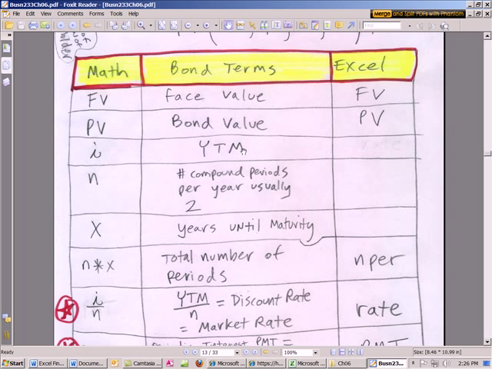Yield to market is our market rate that we use for discounting future cash flows. And n is our number of compounding periods. Almost all of the examples we're going to do are semi-annual. Bonds are often semi-annual. Even for the zero coupon bond, we use n equals 2 to calculate the interest even though it's not paid, and we'll talk more about that later.